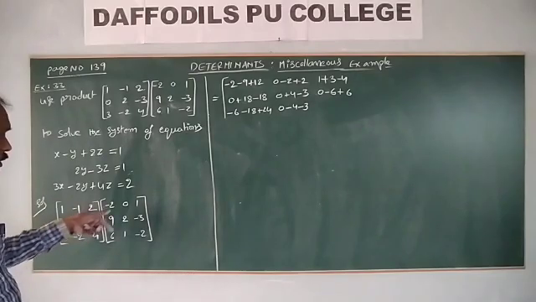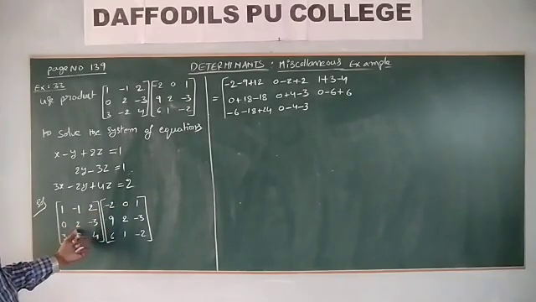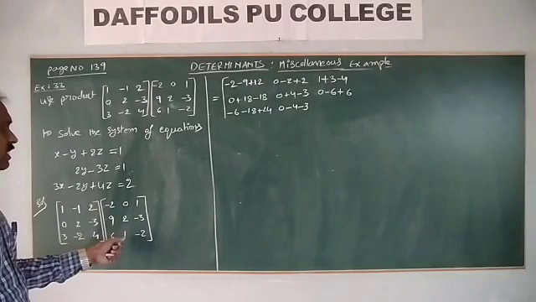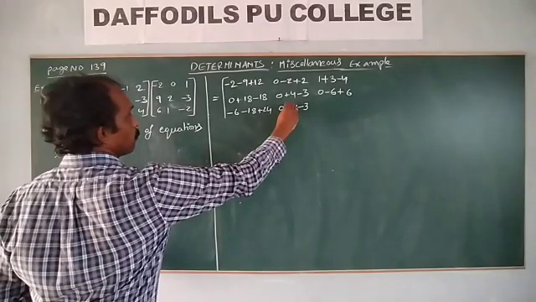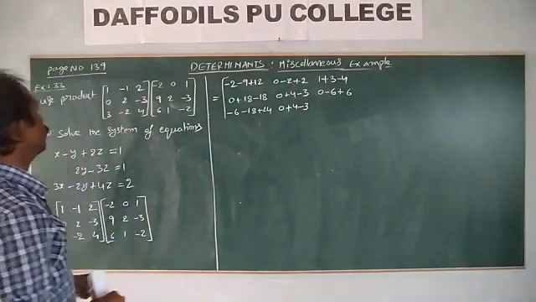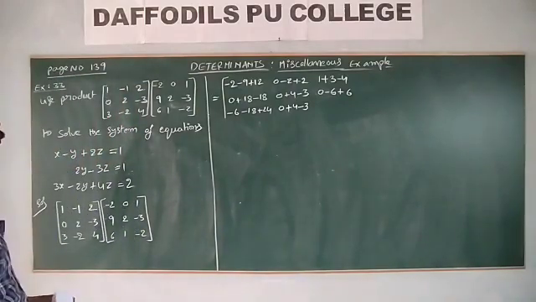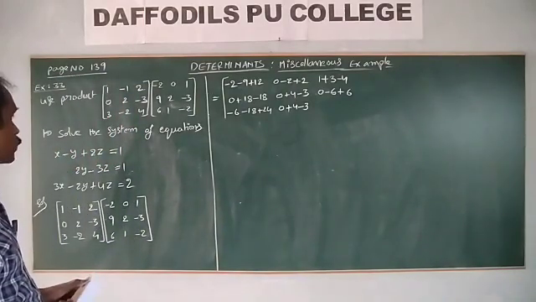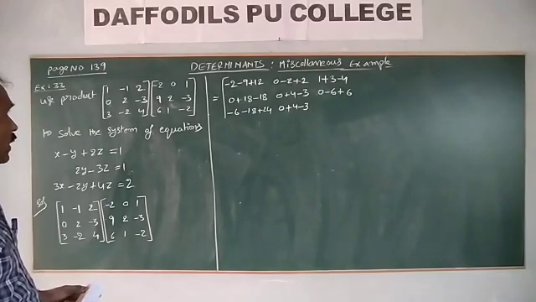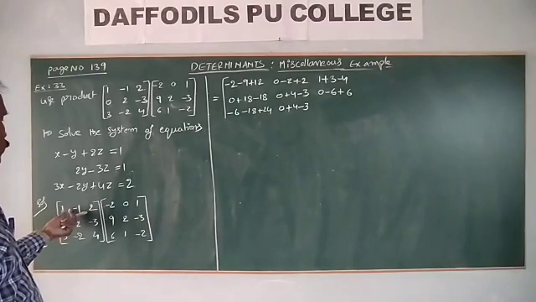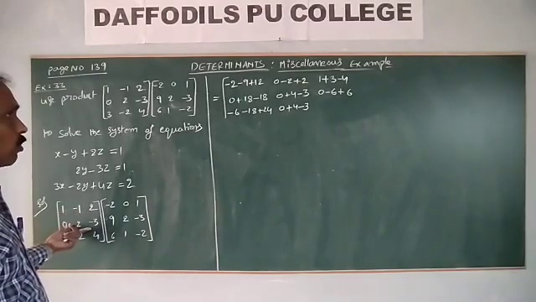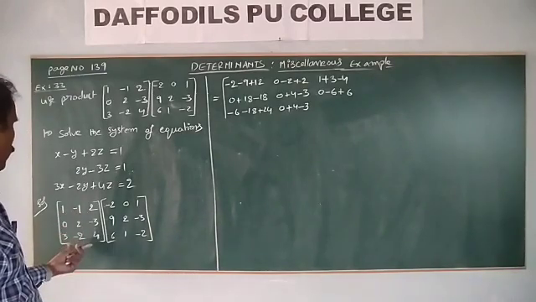Second row, second column: 0 into 0, 2 into 2 is 4, minus 3 into 1 is minus 3, so plus 1.